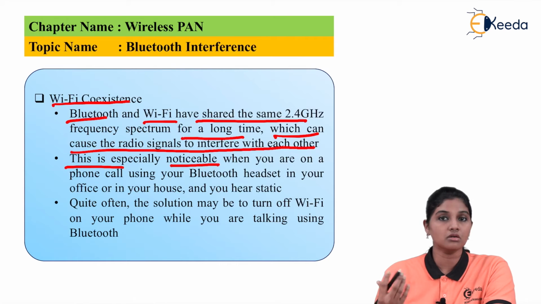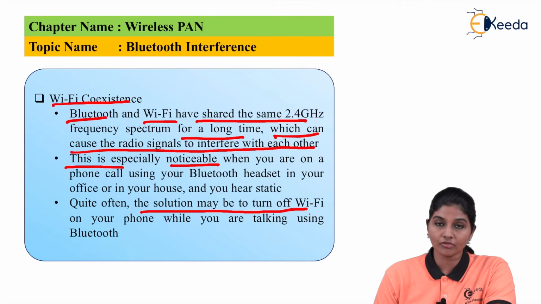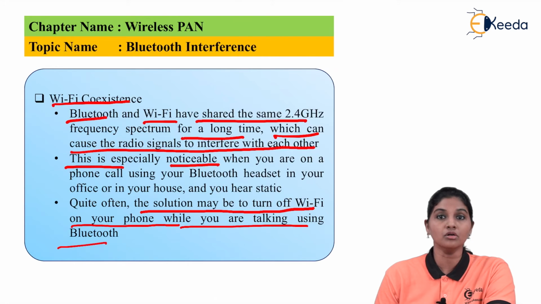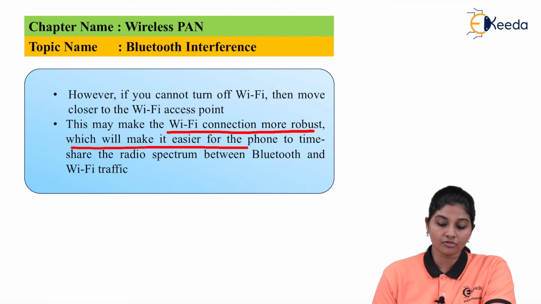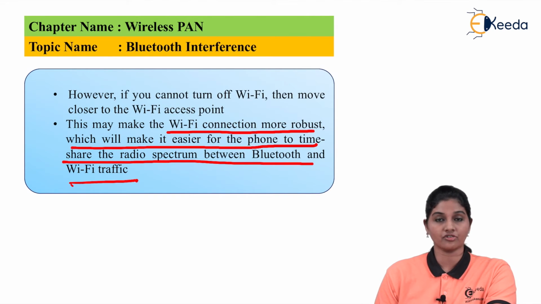In that case we hear static, and that static is because of the interference of the Wi-Fi signal with the Bluetooth signals. The solution may be to turn off the Wi-Fi on your mobile when we are talking on Bluetooth. This may make the Wi-Fi connection more robust, which will make it easier for the phone to time share the radio spectrum between the Bluetooth and Wi-Fi traffic.